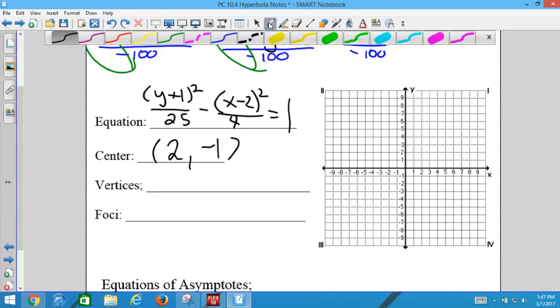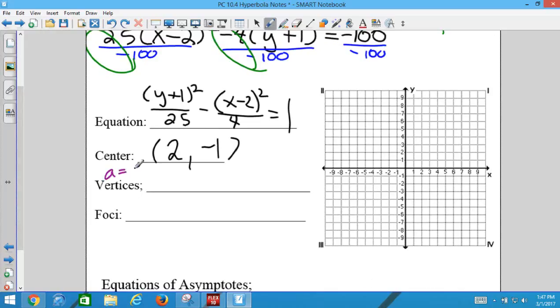Okay, so for my vertices, I will be using 25, so I'm going to be using A as 5, and that is under the y value, so I change the y. 2, comma, negative 1 plus or minus 5. So I get 2, comma, negative 6, and 2, comma, 4.